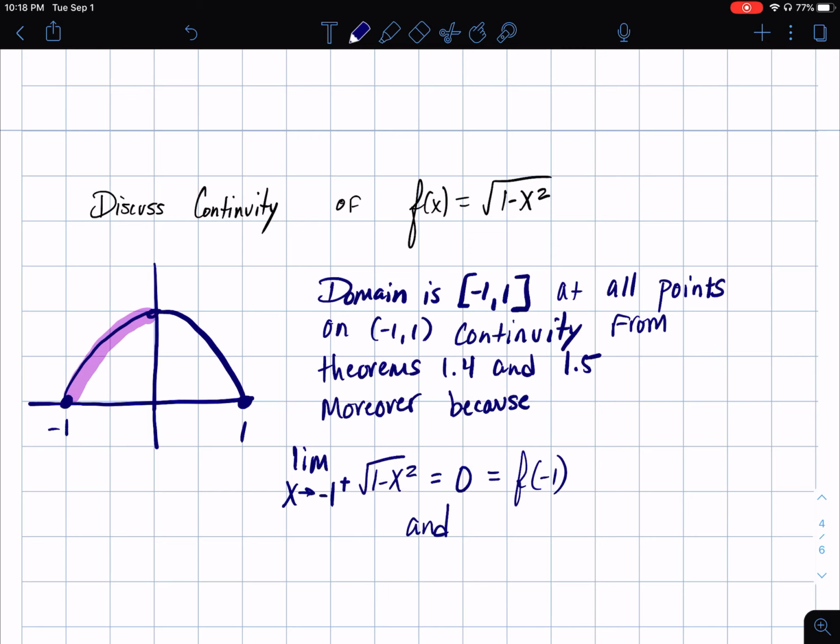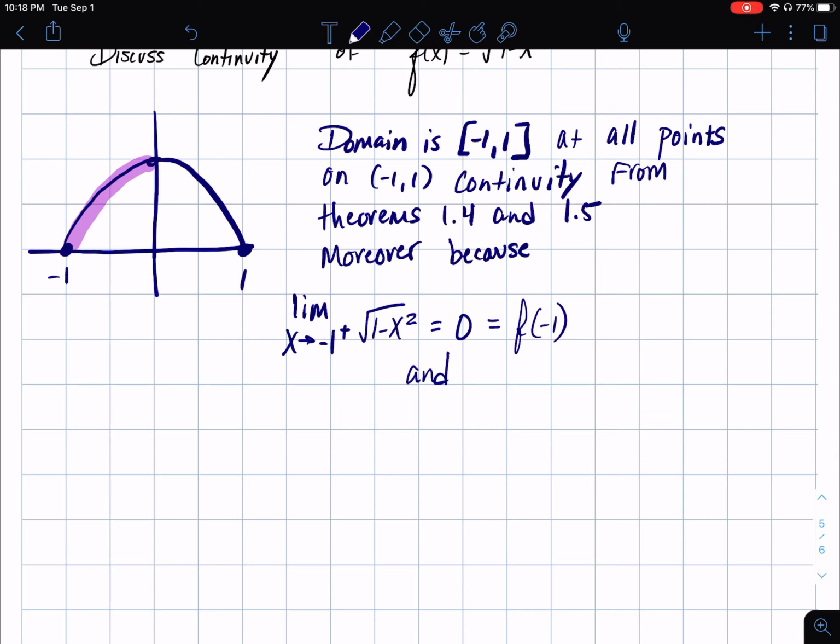And we also want to check the limit as x approaches 1 from the left. So as we approach this other endpoint from the left side, the limit there is also 0. And we want to make sure that that is the same as the actual f of x there.